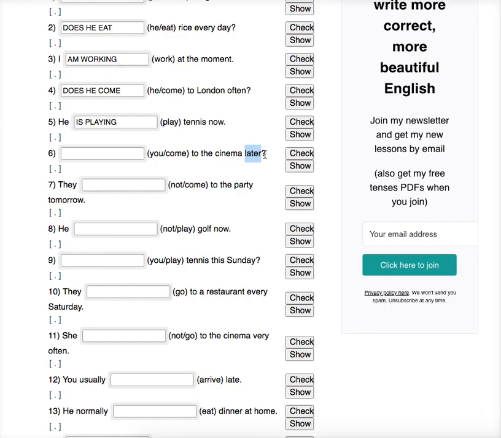Continuous, very good, because it is in the future, está en el futuro, más tarde. So how can you do it? Look at this, it is a question. So how can you do it, Mariana? Are you come? Very good. Are you coming? Are you coming to the cinema later? Perfect, Mariana, great job. Let's go with Mateo.